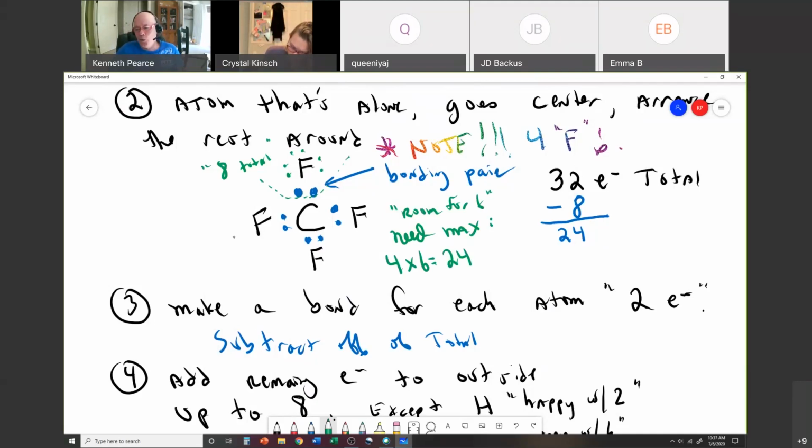I do. So I'm going to subtract off 24, and I'm going to go ahead and put 6 on each one. There's 2, 4, 6, 2, 4, 6, 2, 4, 6, and there we go, all the way around. I put down 24 electrons, and I subtracted off 24, so I have 0 left over.